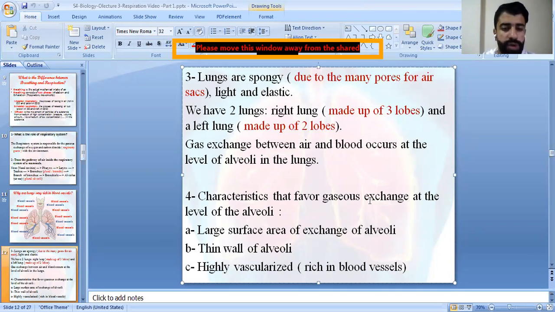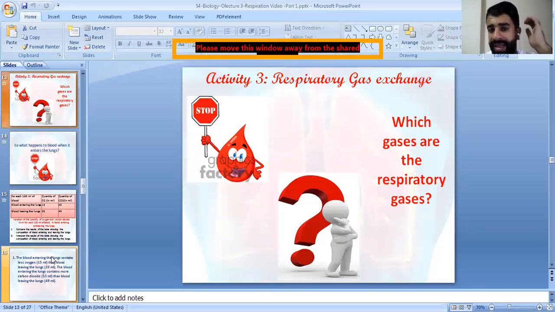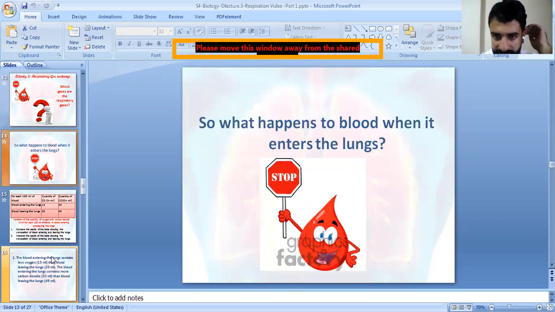Okay, let's move now to activity 3, respiratory gas exchange. Which gases? They are the respiratory gases. So what happens to the blood when it enters the lungs?